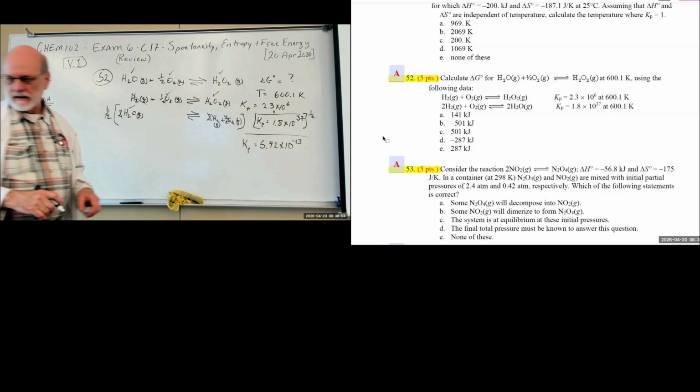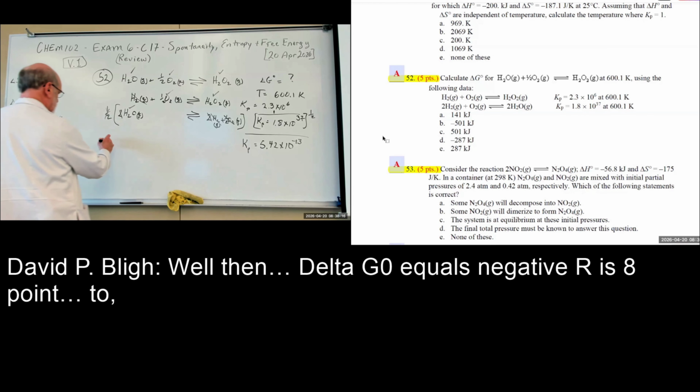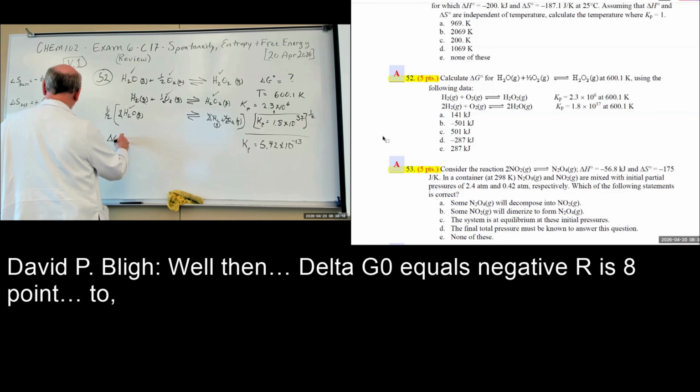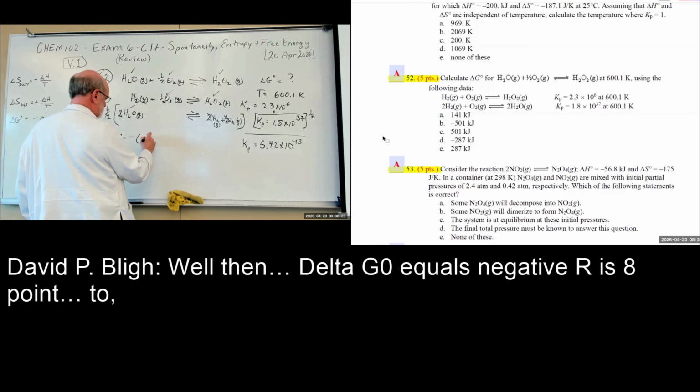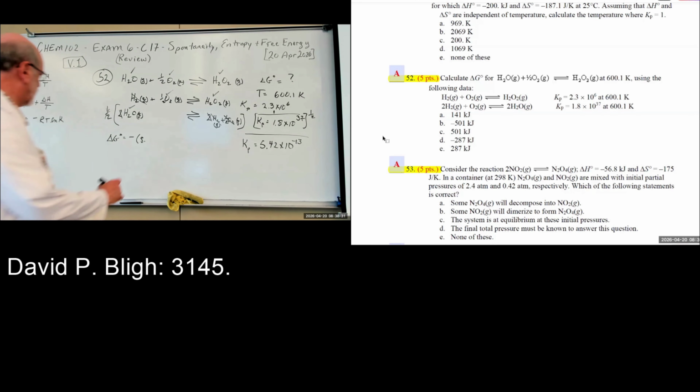Okay. All right. Well then, delta G0 equals negative R, which is 8.3145.